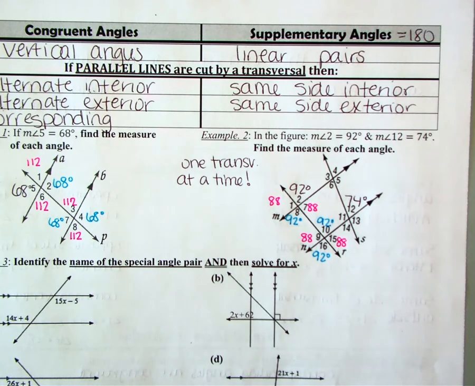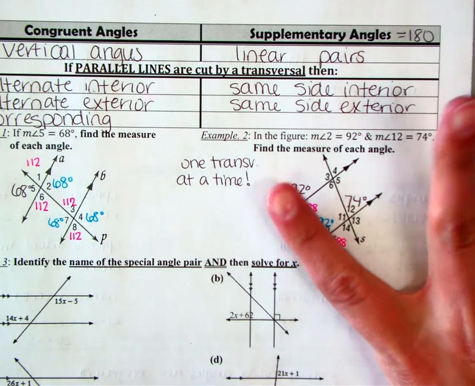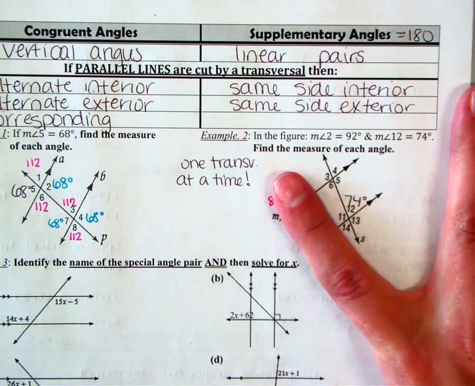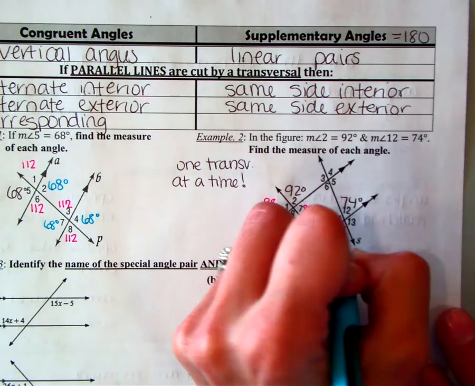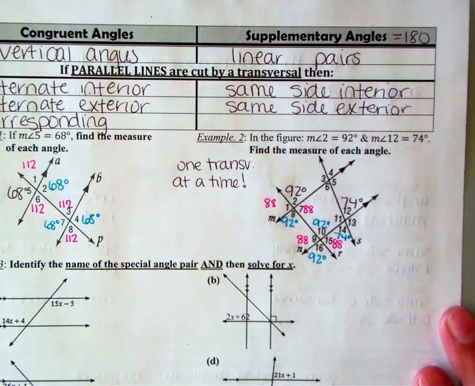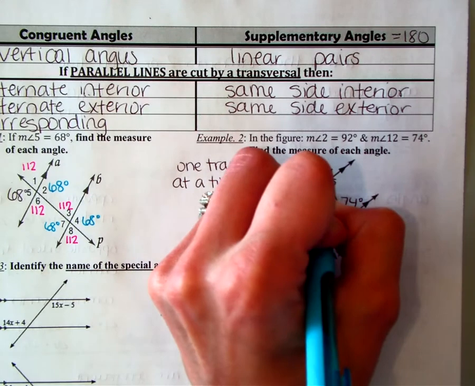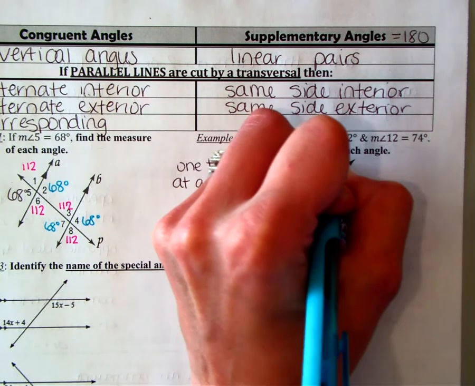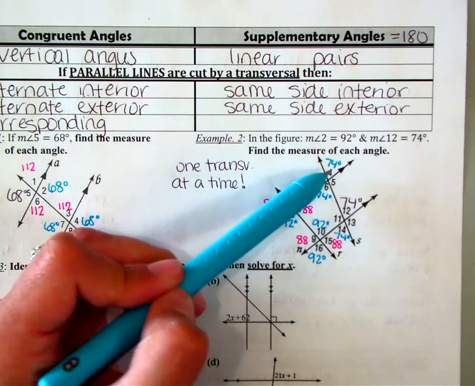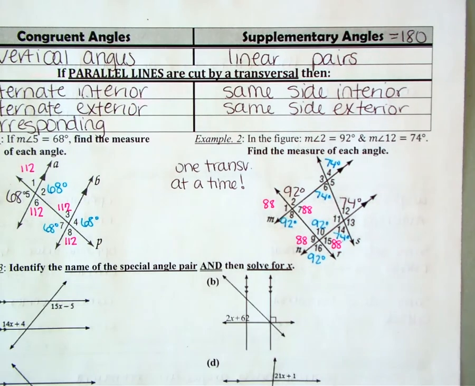So now if I look at my other transversal, I know that angle 12 is 74. So that means angle 14 is 74 because they're vertical. 12 and 6 are alternate interior, and 6 and 4 are vertical. 4 and 14 are alternate exterior, so they're the same. 12 and 4 are corresponding, so they're the same.